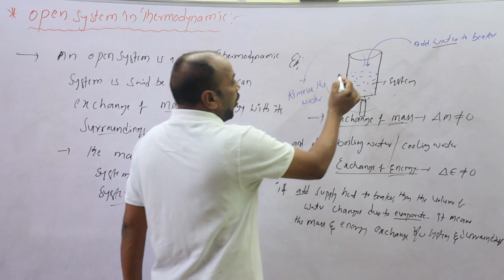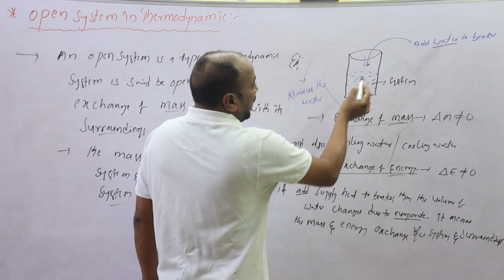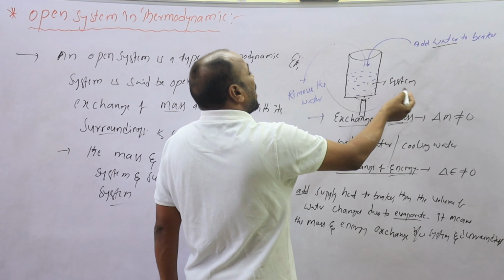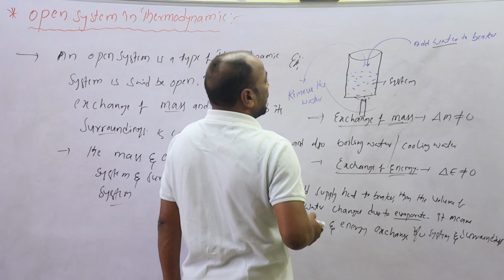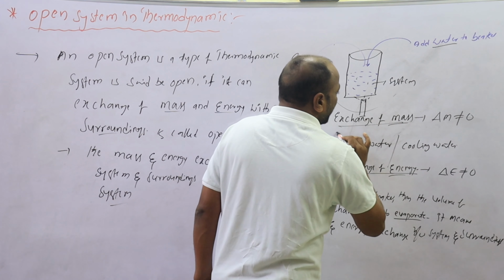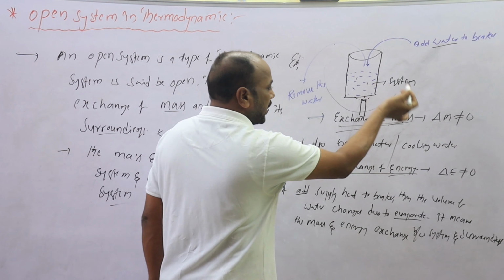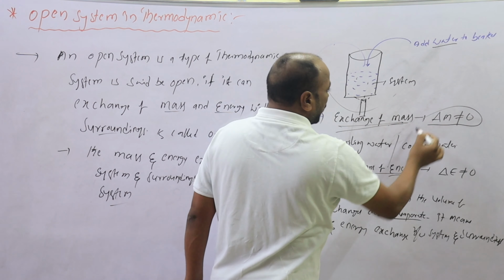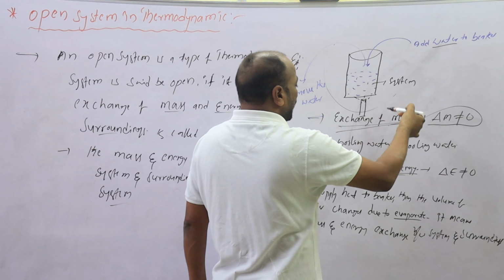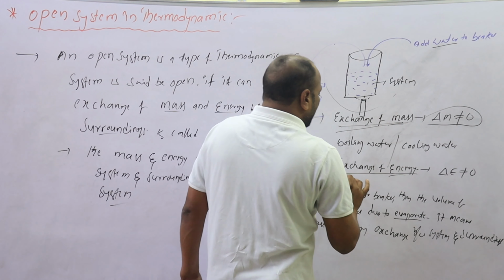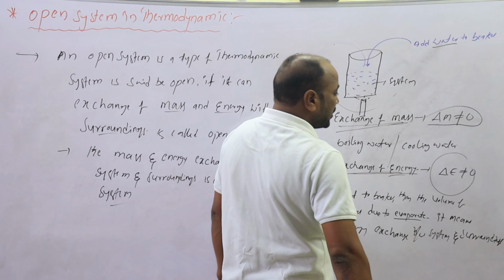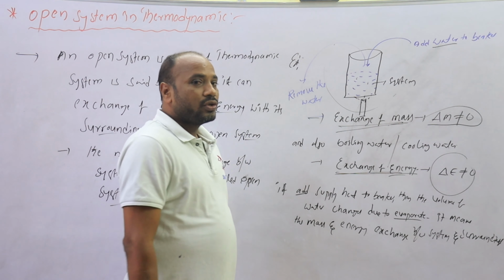So it is an open system, and it is possible to add water and remove water. That means exchange of mass, or exchange of matter, so delta m not equal to 0. And boiling and cooling water means exchange of energy, so delta E not equal to 0.